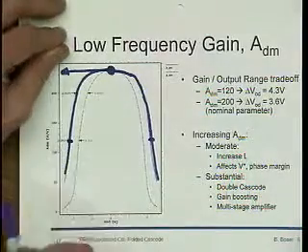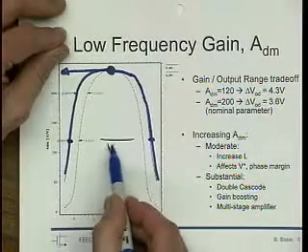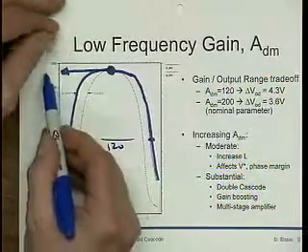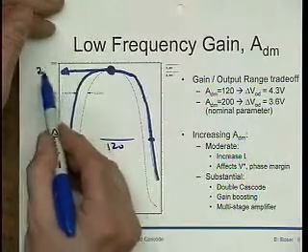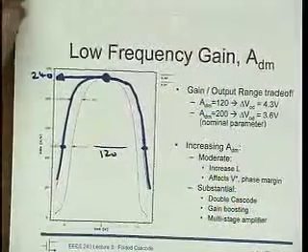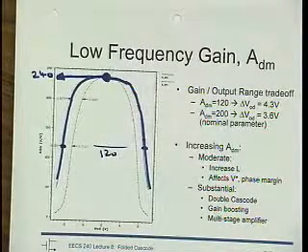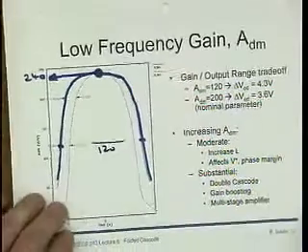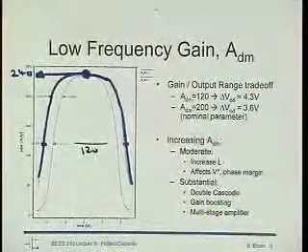But then our gain drops down to, well, what is this? 120. This is a gain of 120, and this gain here is about 240. The peak gain, but again, the peak gain, who cares? So if we want to increase the gain, we have lots of ways.